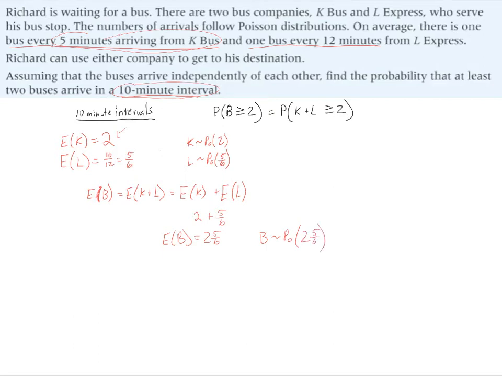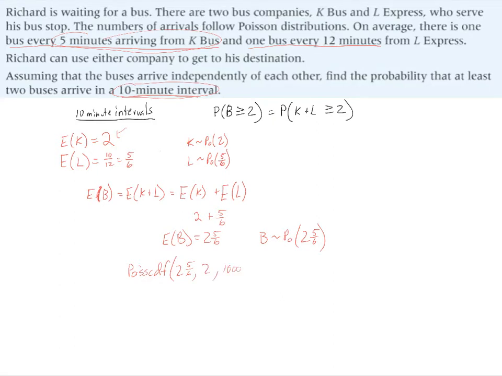So we can answer this question now, right? We can go into our calculator. We can put it into our Poisson. We do want at least 2 buses, so 2 buses or more. So go into your Poisson CDF. You punch that into your calculator. You're going to tell it that it has 2 and 5/6. You want to go from 2 all the way up to whatever you want.